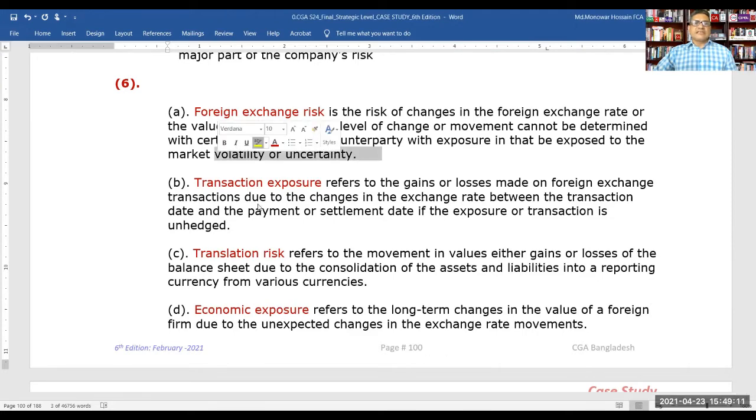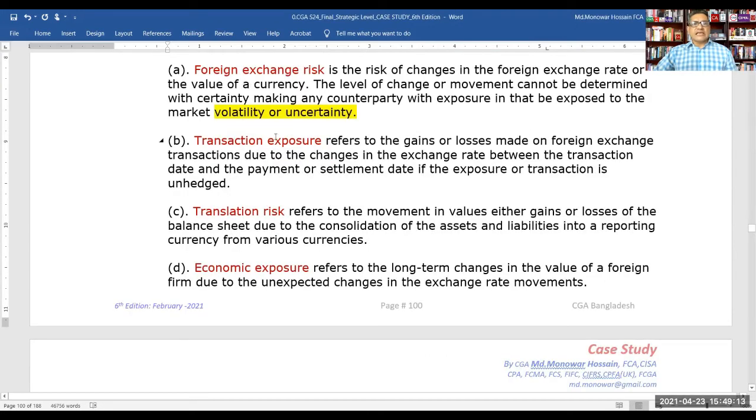And if we see transaction risk, one is transaction, another is translation. Transaction risk refers to the gain or loss made in a foreign exchange transaction due to a change in the exchange rate. The factor here is the exchange rate between the transaction date and the payment or settlement date, when the exposure is unhedged.